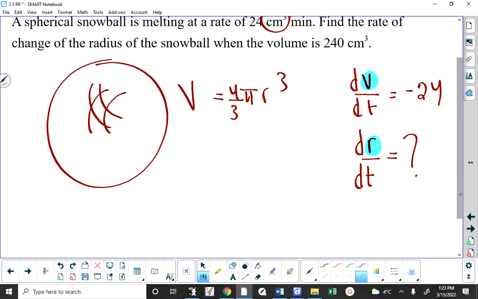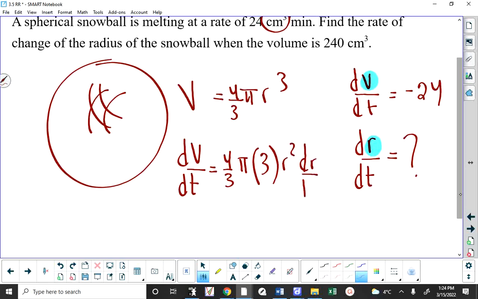I can write dV/dt equals 4/3 pi times 3 times r squared dr/dt. This part here is the derivative of the r cubed. I suspect many of you would just move that 3 down in front and multiply by the 4/3.